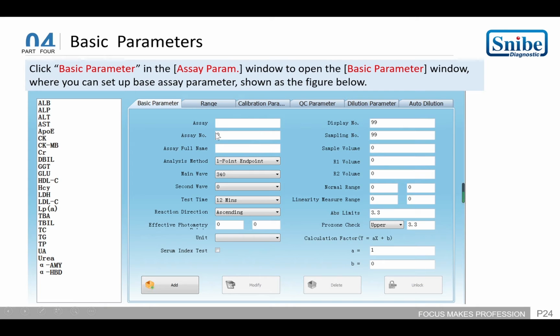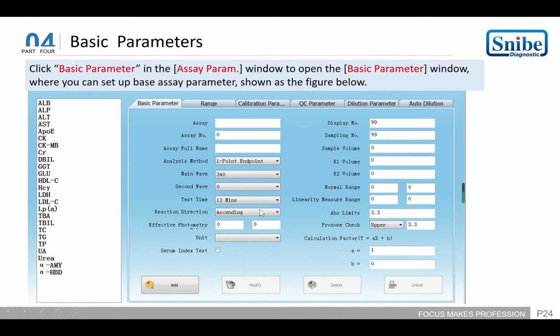For the assay number, assay full name, all of this you will find in the inserts for use. So don't worry. But I want to mention the reaction direction, absorbance limits and pressure check, because these three are closely connected with each other.